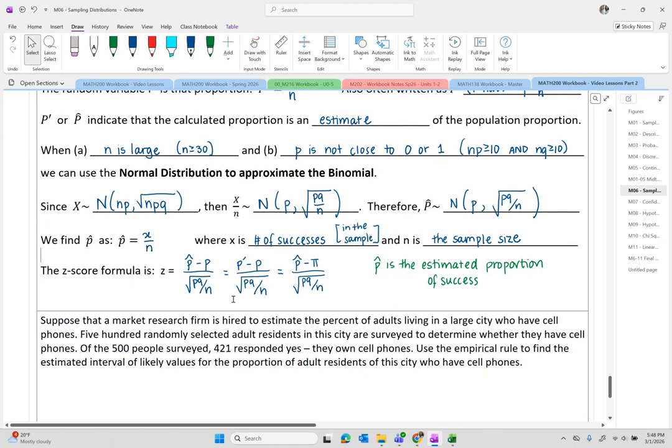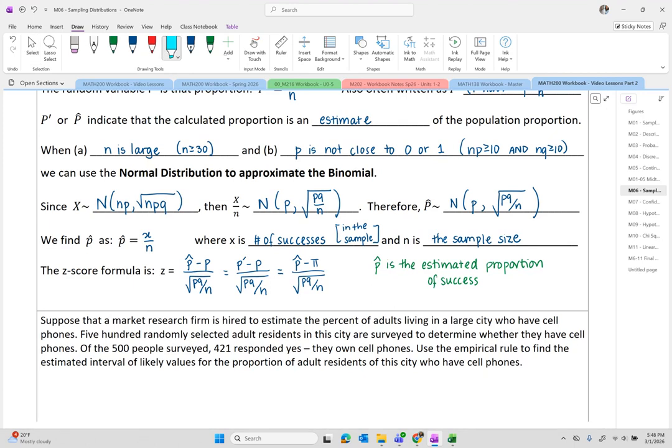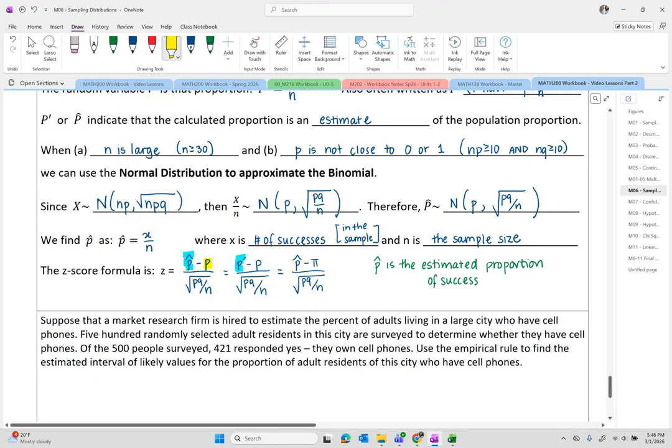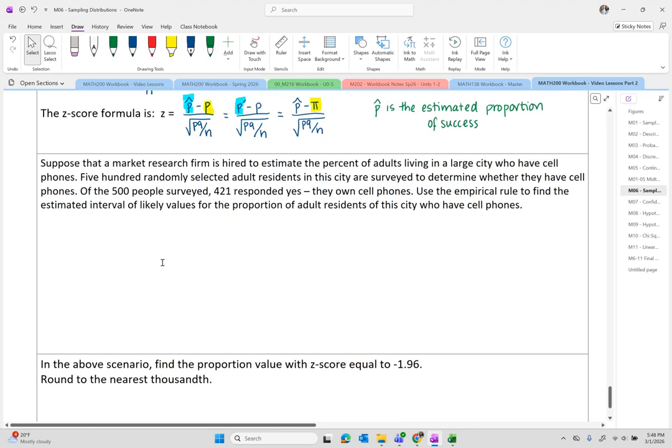And there are two notations for P hat, the P hat or the P prime, and there are also two notations for the population proportion, the P or pi, or the Greek letter pi. The standard error for the proportion is the square root of PQ divided by N. So knowing this, let's try to solve a couple of problems.